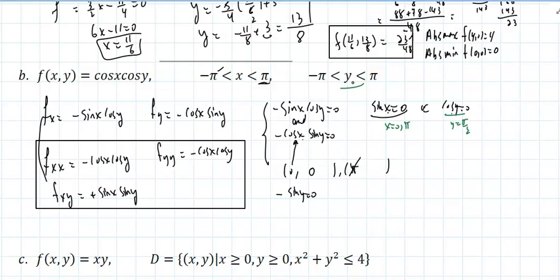Pi over 2 or negative pi over 2, right? Cosine is 0 here and here. And I'm running between negative pi to positive pi. And sine is 0 right here or right here. This is the only point that's allowed. So here I get 2 points.